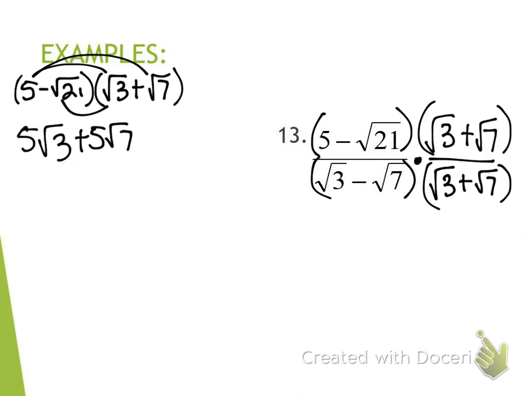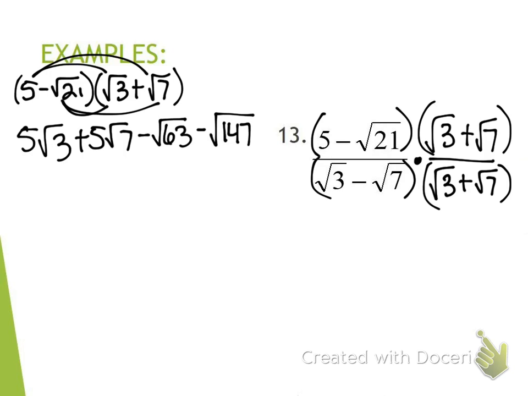Negative root 21 times root 3. Negative root what? 63. Good. Negative root 21 times root 7. 147. Good. Negative root 147. Make sure you're watching your signs when you do this.